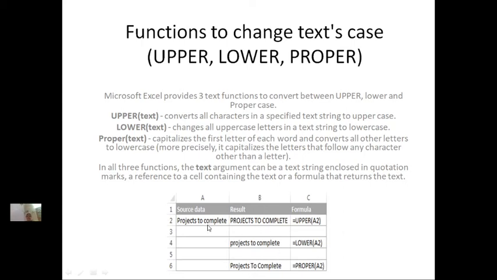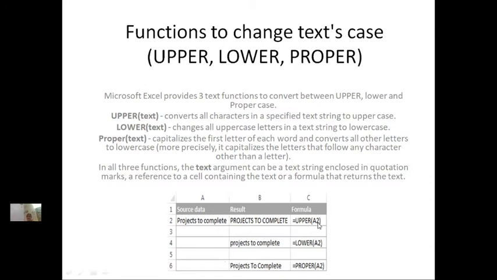Now let us see. Here he is taking in the A2 cell, projects to complete. Now when you use the function equal to UPPER in the brackets A2, what is happening? The result is that this text is converted into capital letters. Projects to complete, all the letters are converted into capital letters.